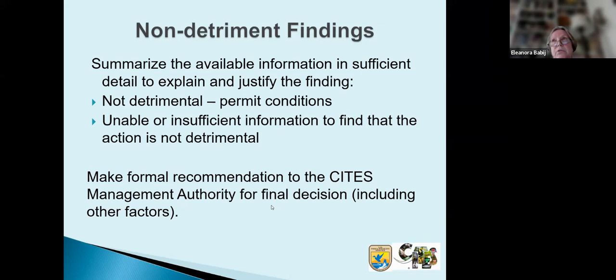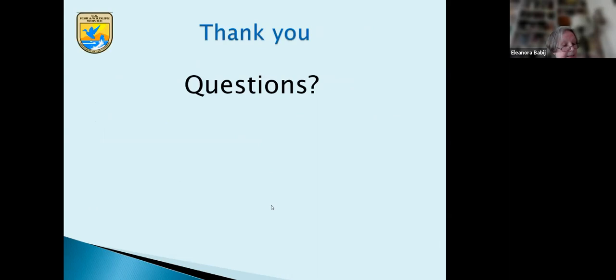So it really is critical that what we get on our application, and in working with you all, helps us make this non-detriment finding. At the end of this, we make a formal recommendation to the CITES Management Authority for their final decision on the application. And that is basically non-detriment findings in a nutshell.